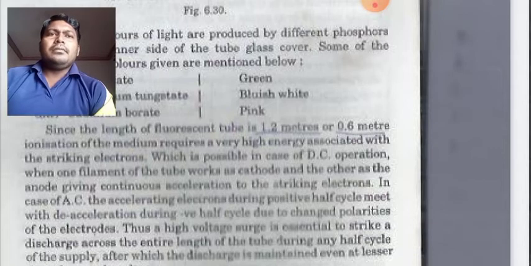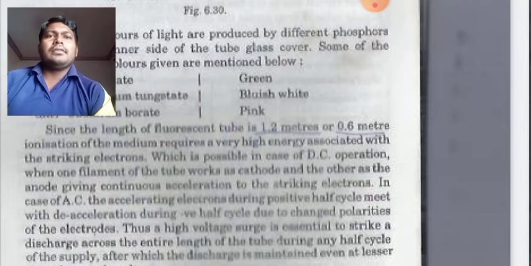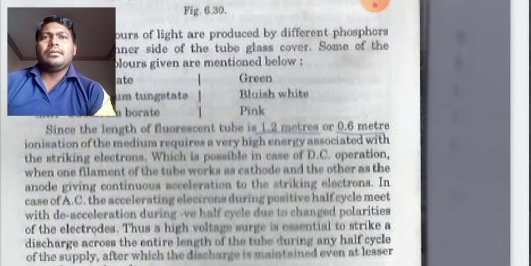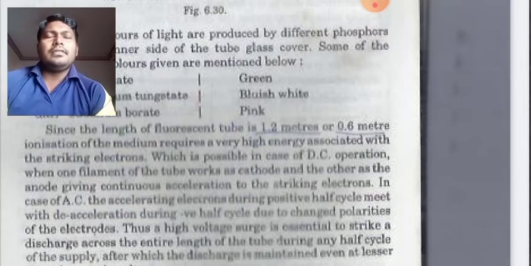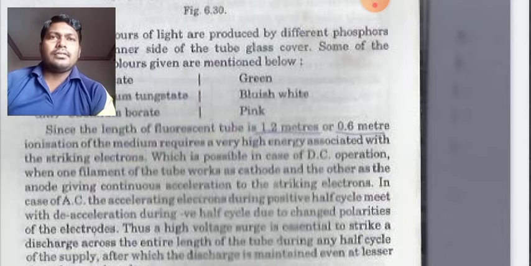Ionization of the medium requires a very high energy associated with the striking electrons, which is possible in case of DC operation only, when one filament of the tube works as cathode and the other as the anode, giving continuous acceleration of the striking electrons.